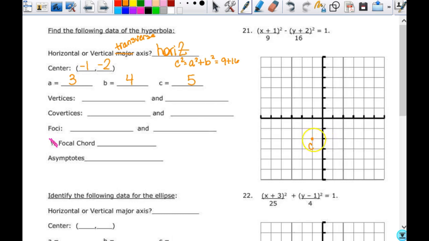And I know this is horizontal, so from the center, I count 1, 2, 3. It's a vertex. 1, 2, 3. That's a vertex. Co-vertices, 1, 2, 3, 4. 1, 2, 3, 4. So what those are going to help me with is to find the corners of my rectangle to get my asymptotes.